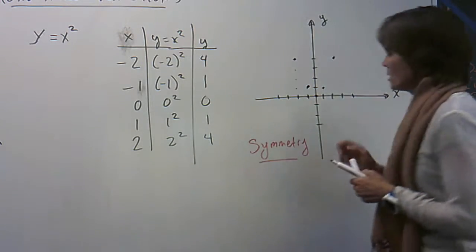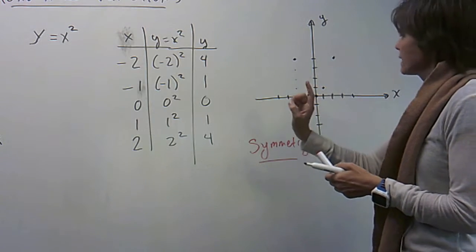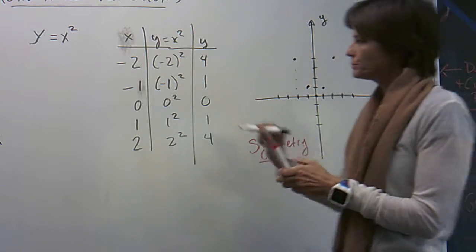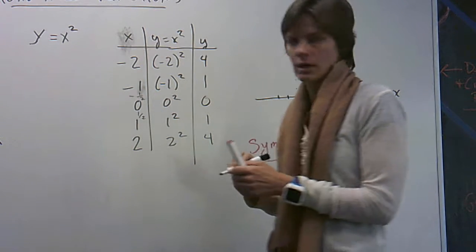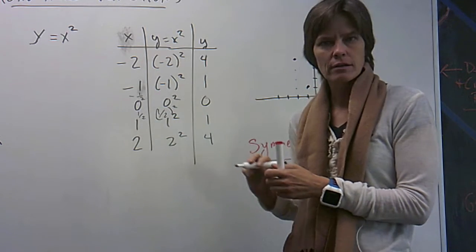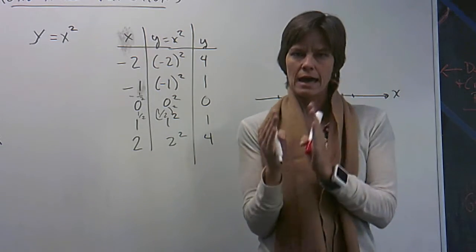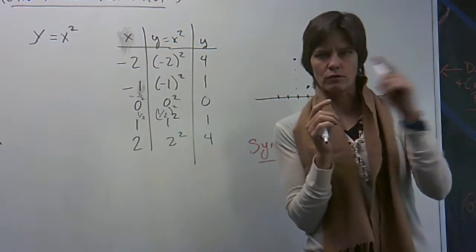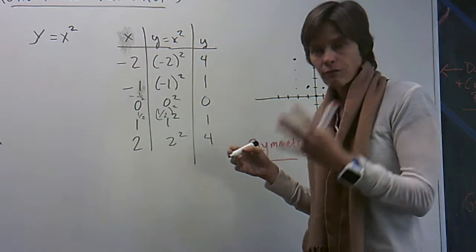But before you start drawing a V to connect these dots, let's think about the point negative 1/2 or 1/2, okay? What is 1/2 squared? Well, 1/2 squared is 1/2 times 1/2, which is 1 times 1 over 2 times 2. 1 times 1 is 1. 2 times 2 is 4.